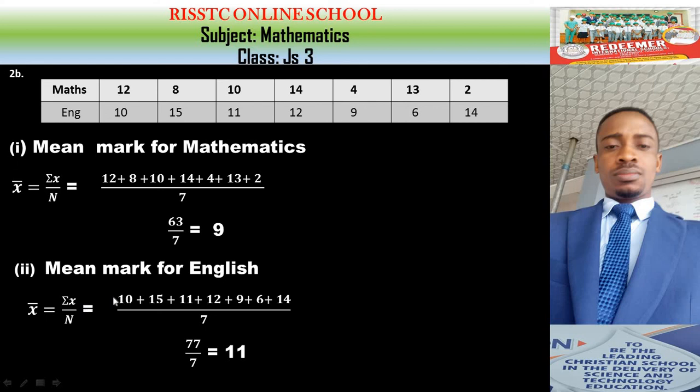Now, let's add up all the scores in English. 10 plus 15 plus 11 plus 12 plus 9 plus 6 plus 14 all over 7. 7 is the number of students that partook in the test. When we add up all these scores in English, we have 77 over 7. 7 divides 77, we have 11, which is the mean mark for English.